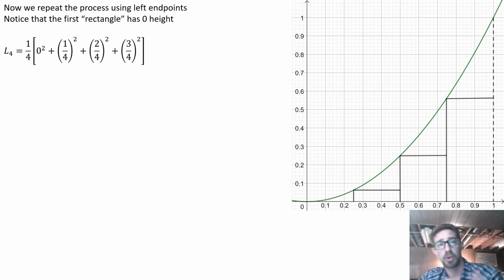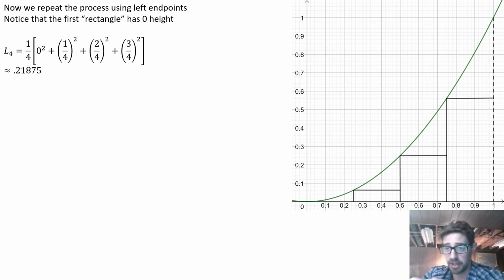So it's 0 squared plus 1/4 squared plus 2/4 squared plus 3/4 squared. So those are the 3 rectangles you actually see. Those are the heights of them. And just mash that into your calculator. You get that, 0.21875.